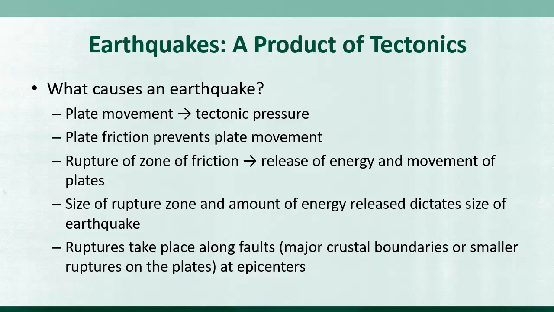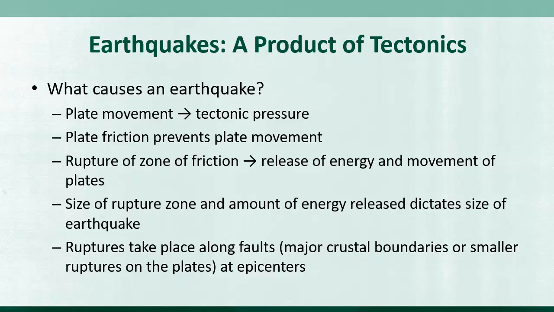The size of the rupture zone and the amount of energy released has a direct impact on how large the earthquake is. Sometimes these rupture zones are relatively small, sometimes they're very large, and sometimes they last a huge amount of time and release a lot of energy, and those are, of course, the larger earthquakes.